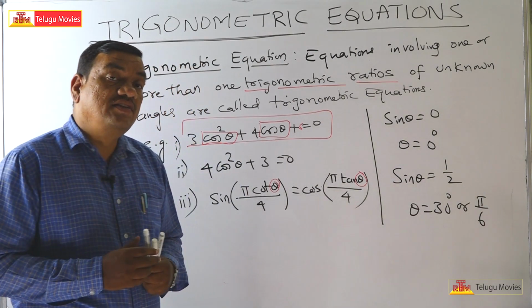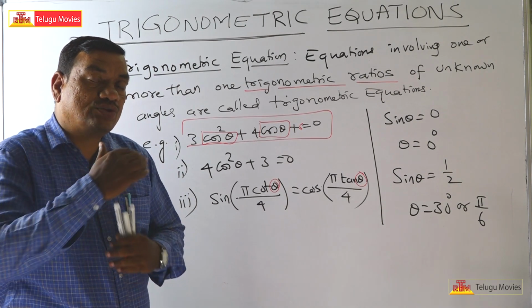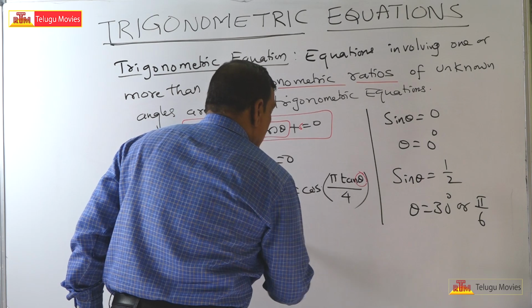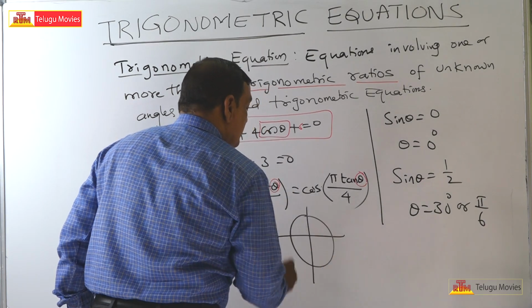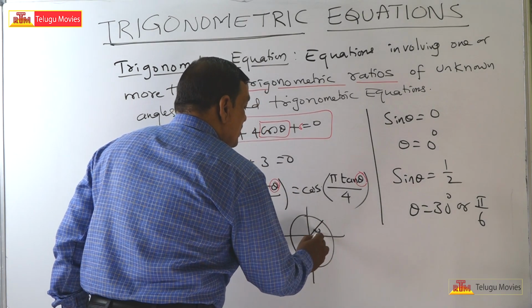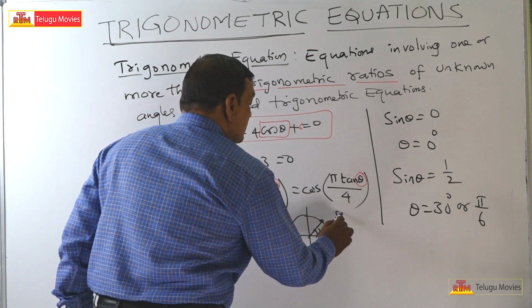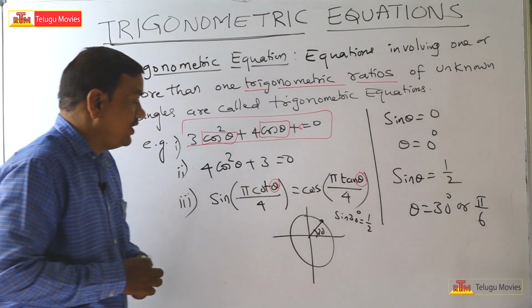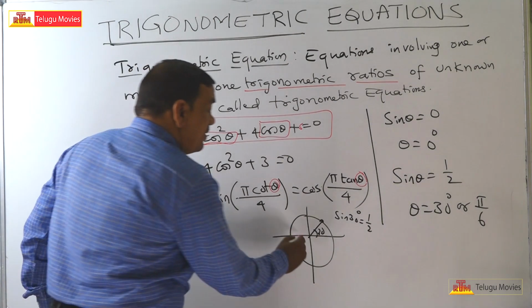All trigonometric ratios like sin theta and cos theta are circular functions. Circular functions means, for example, take this angle equal to 30 degrees, so sin 30 degrees is equal to 1 by 2. OP is the terminal side.